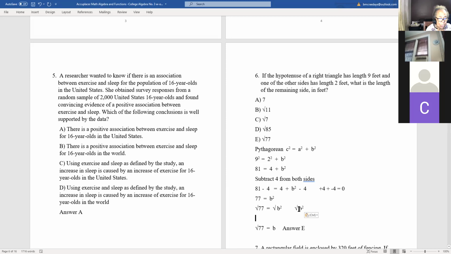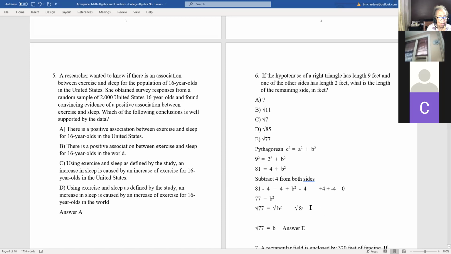Suppose this was 64. Oh, I'm sorry, I didn't want 64. Suppose this was 8. What's the square root of 8 squared? No, not 64.